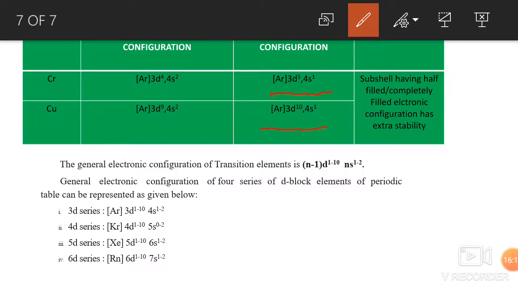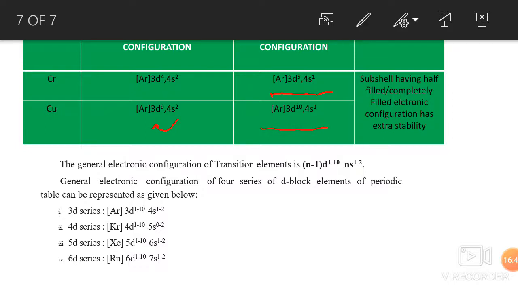Again here, to achieve 10 electrons in the 3d subshell, 1 electron from 4s gets shifted to 3d, and the observed electronic configuration of copper becomes argon 3d10 4s1. So, by achieving 10 electrons in the 3d subshell, copper achieves extra stability.